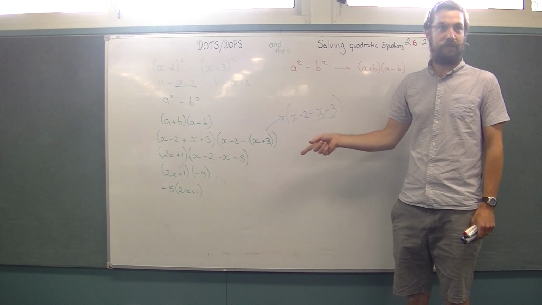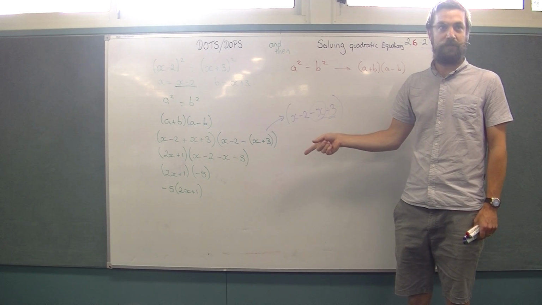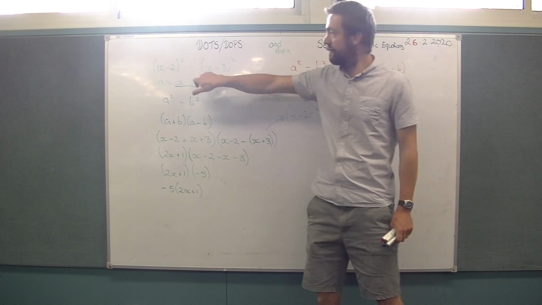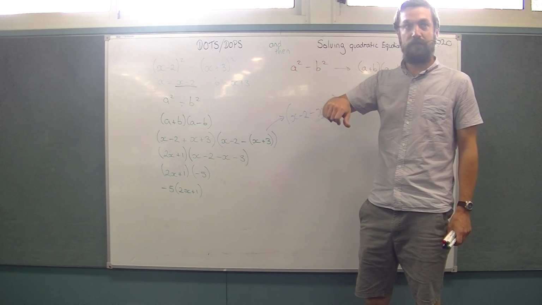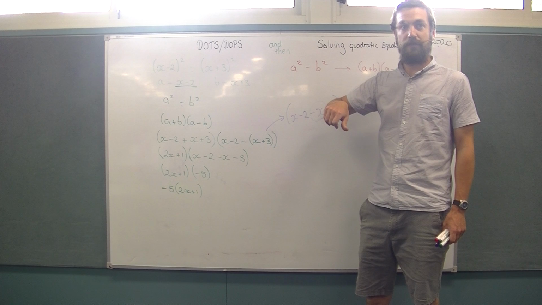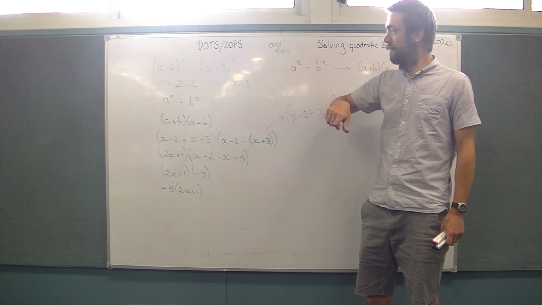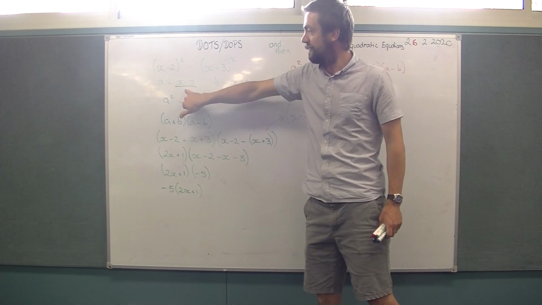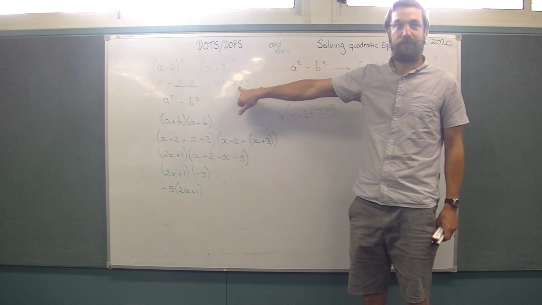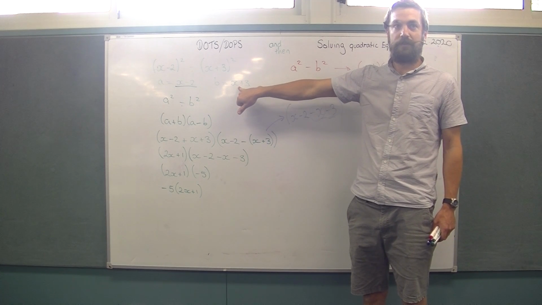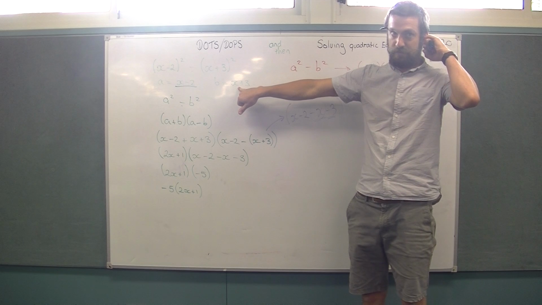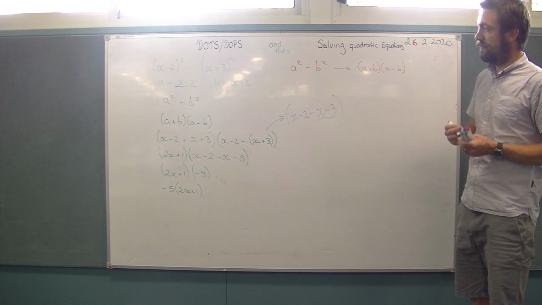Can you do that with all, like if there's two brackets with the power of 2, can you just always go x minus 2, x plus 3? So whatever this is, whatever this is. Yeah, but you know how you get rid of the square?